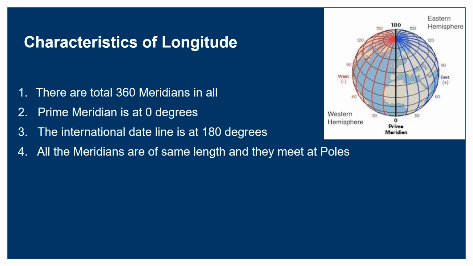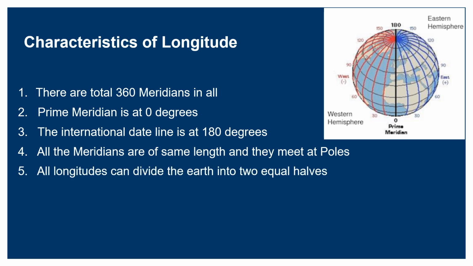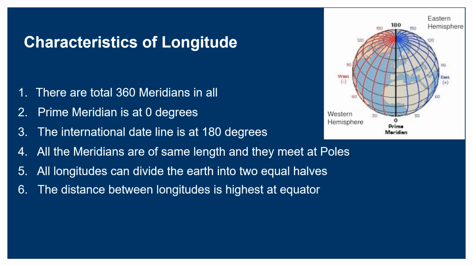But unlike latitudes, longitudes are of the same length and all of them meet at the poles. Because they are of the same length, we can say that all the longitudes can divide the Earth into two equal halves. The distance between the longitudes is highest at the equator.